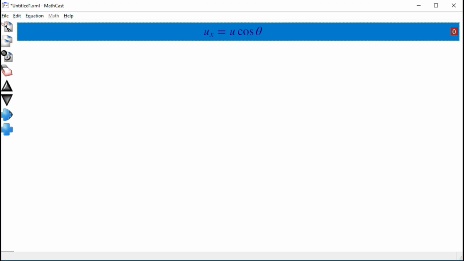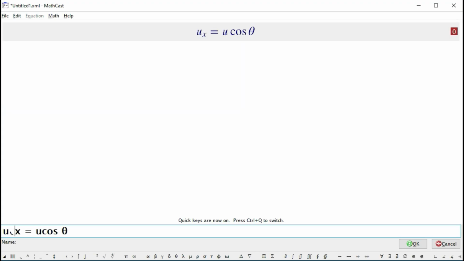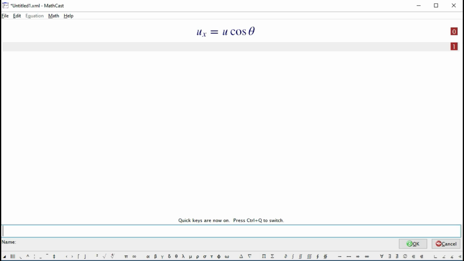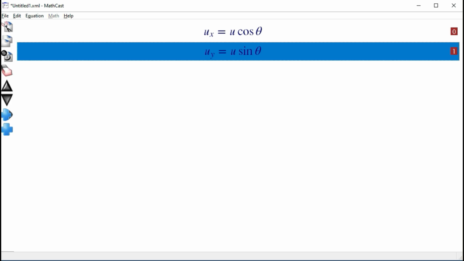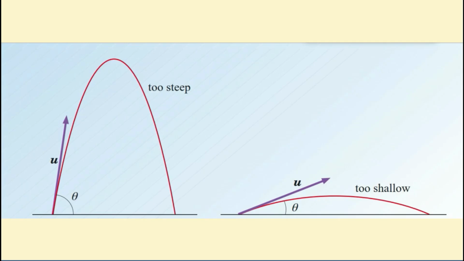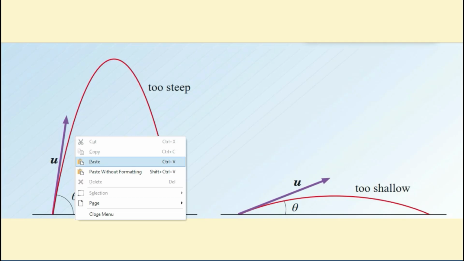If I then click on that, Control C, copy, and then add another line, I can now change that to uy equals u sine theta. Now I've got these two. So first of all I'm going to click on that and show you Control C and then go back into that page.